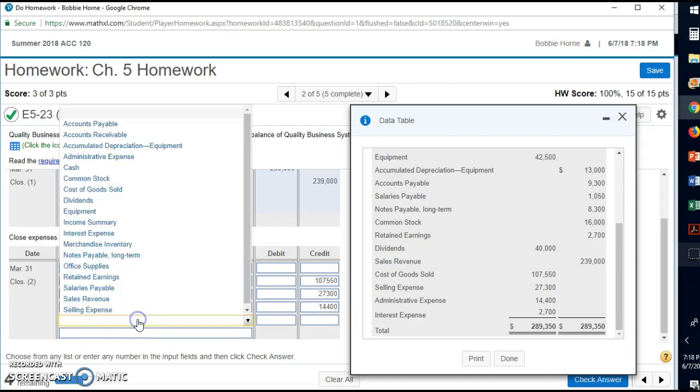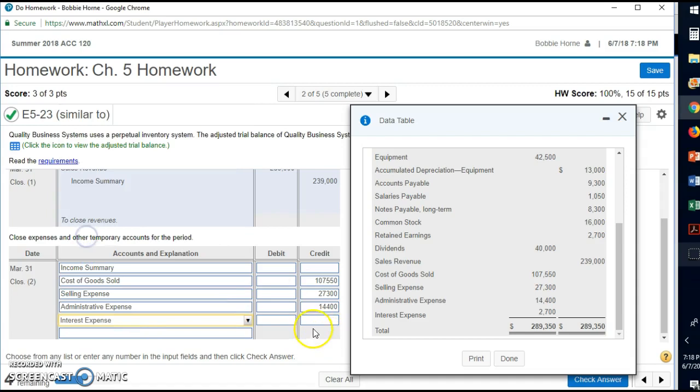And then we have interest expense. And we are closing your expenses. So what I have to do is add all those up. So $107,550 plus $27,300 plus $14,400 plus $2,700, and that would be $151,950.